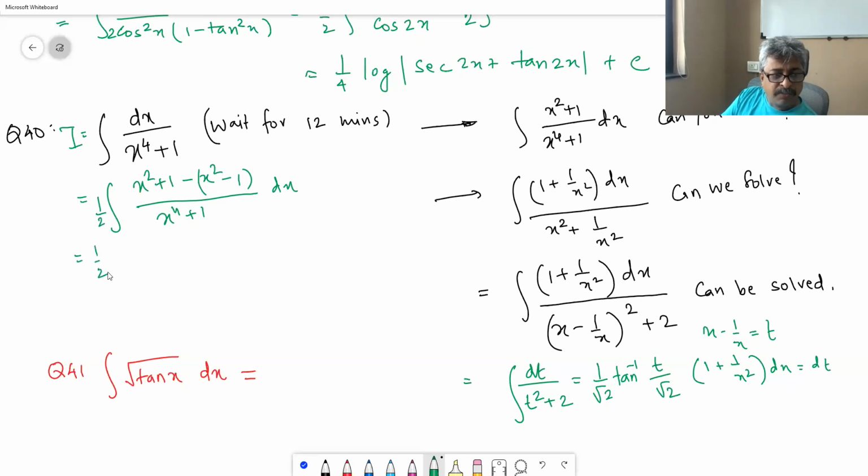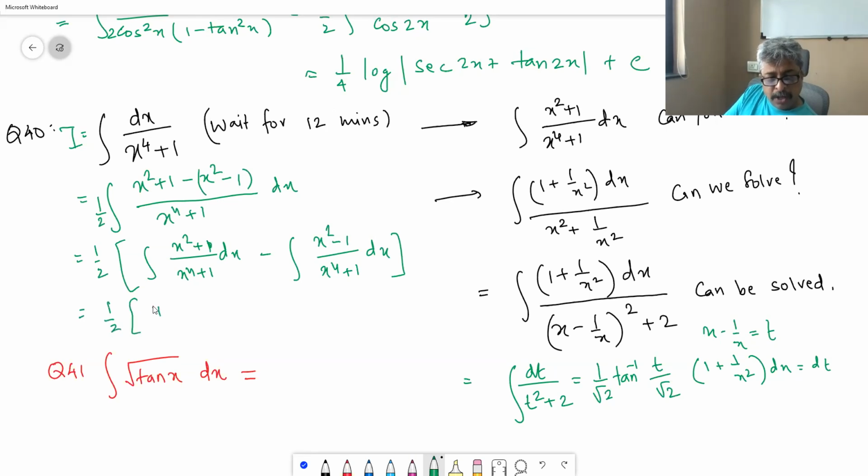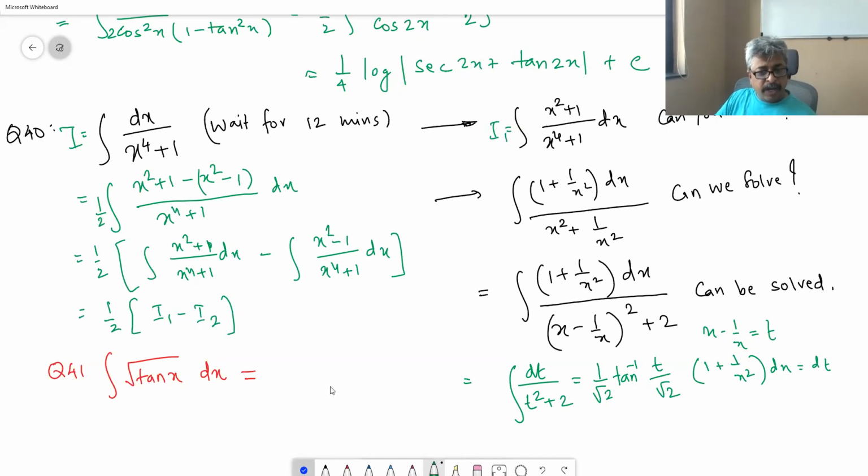That makes it half instead of integral x square plus 1 divided by x4 plus 1 dx minus integral x square minus 1 upon x4 plus 1 dx. This is going to be equal to half I1 minus I2. This is our I1. Okay. So what is our I2?